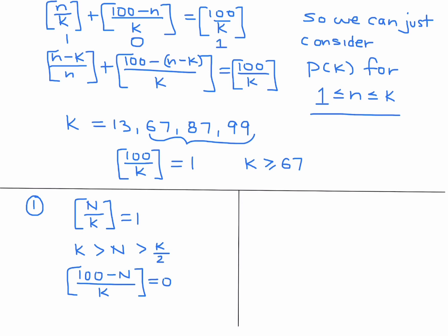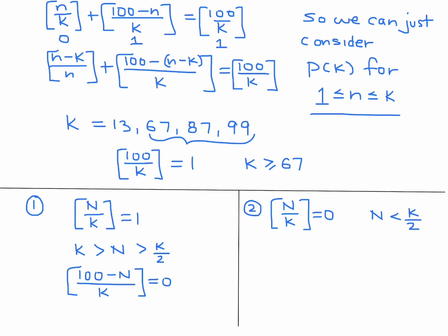Now let's look at the other scenario, which is when this is 0 and that is 1. So now n over k is 0 and this is 1. So in my second scenario, I'm setting n over k equal to 0. And that is true when n is less than k over 2.